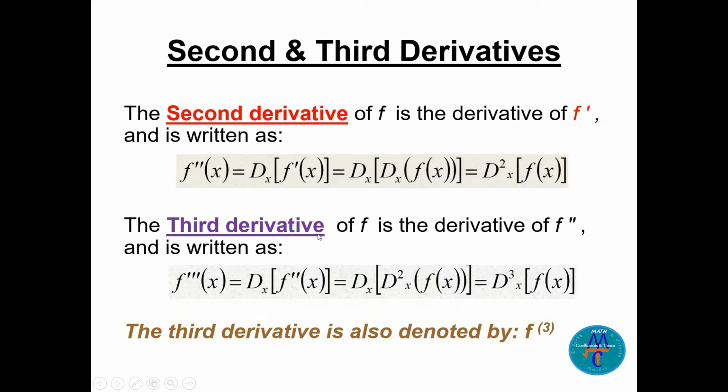The third derivative is the same idea. The third derivative of f is the derivative of the second derivative of f. So we can write it in this way. Also, the third derivative can be written as f superscript 3, but we read it as the third derivative of f.